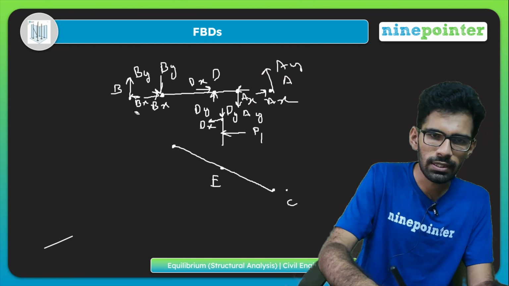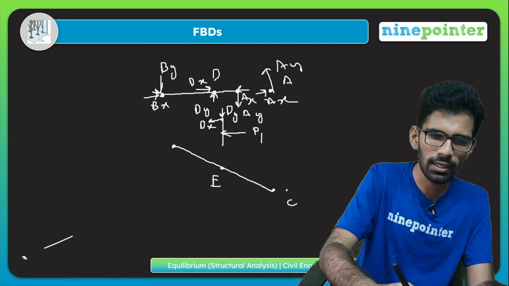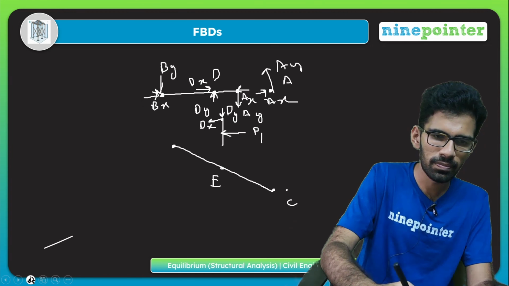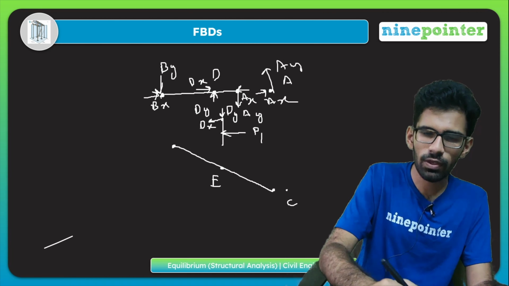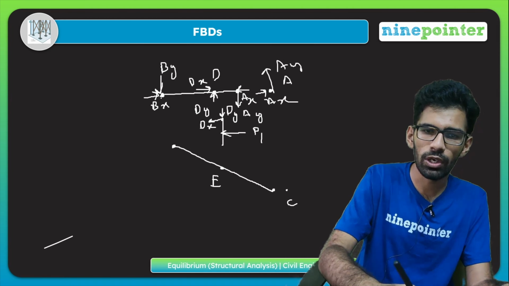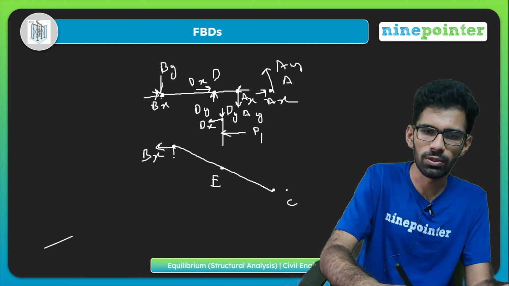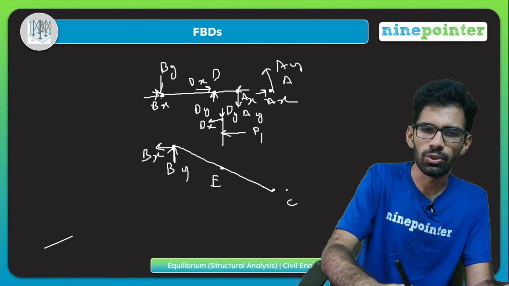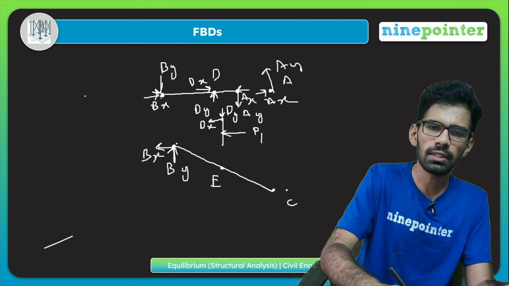So here we will not show the forces. We will be showing the forces in this E part, right? Because this is a pin, this is a fixed joint. So this will be the point where we will be experiencing the opposite forces, right? Like so. Because this will join to this, then BY cancels, BX cancels, equal and opposite.